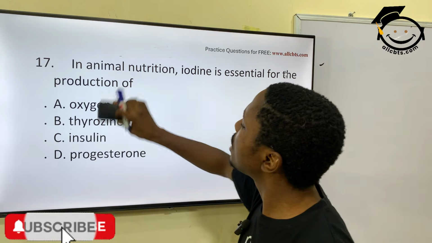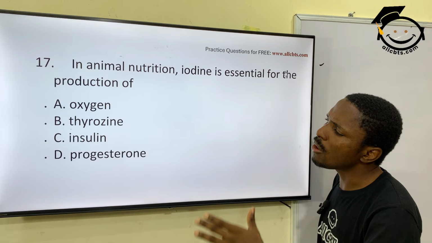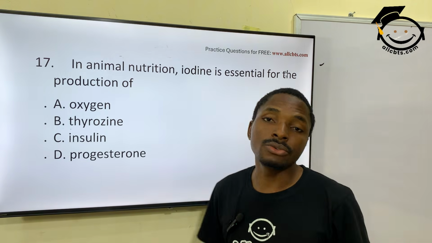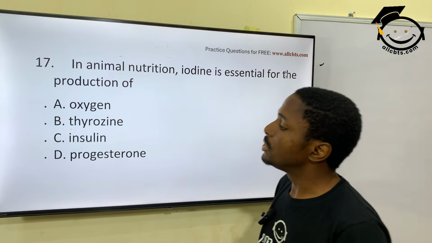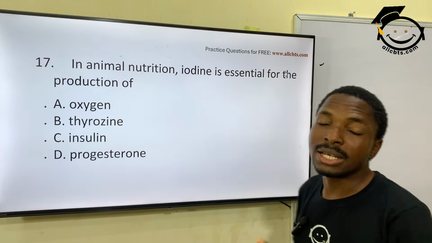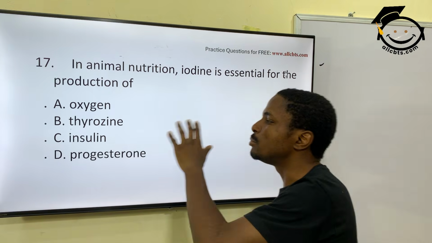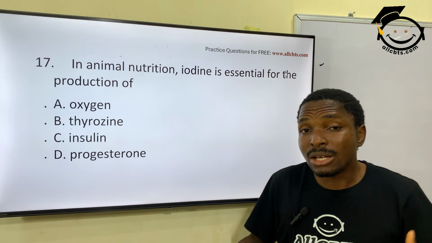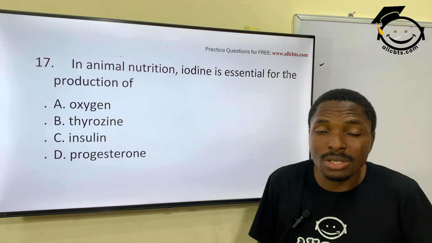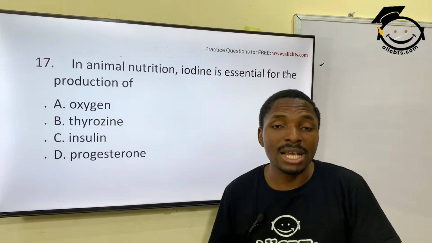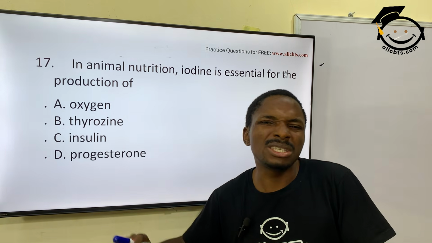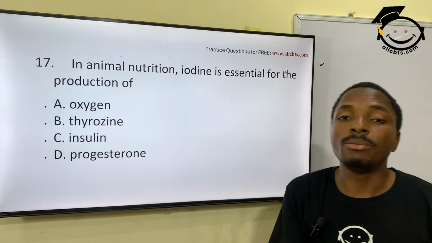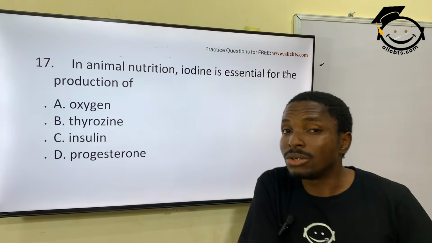Then 17 now. In animal nutrition, iodine is essential for the production of what? You have oxygen, tyrosine, insulin, progesterone. Well, in animal nutrition, iodine is essential for the production of tyrosine. Even in human nutrition, if you don't take iodine a lot, which is taking salt, maybe an example now, Dangote salt has a lot of iodine content, or a standard iodine content, unlike many of these salts that you buy that was measured out that don't have iodine content.